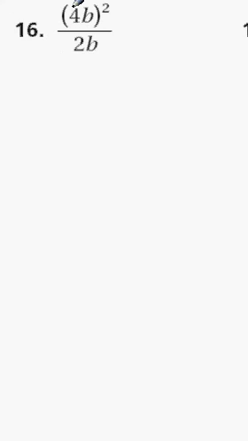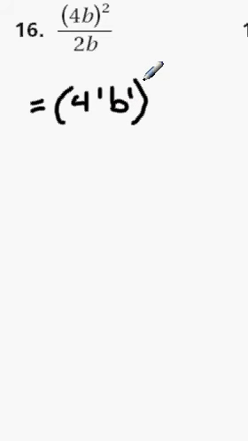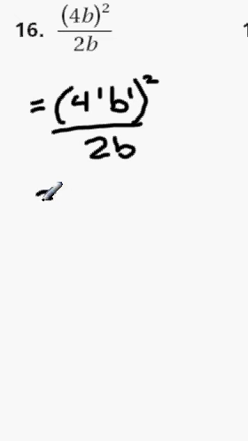Number 16. So here I have 4b raised to the second power. So this is recognizing that it is 4 to the first, b to the first, raised to the second power, over 2b. So when you have a multiplication expression being raised to a power, you multiply the exponents. 1 times 2 is 2.